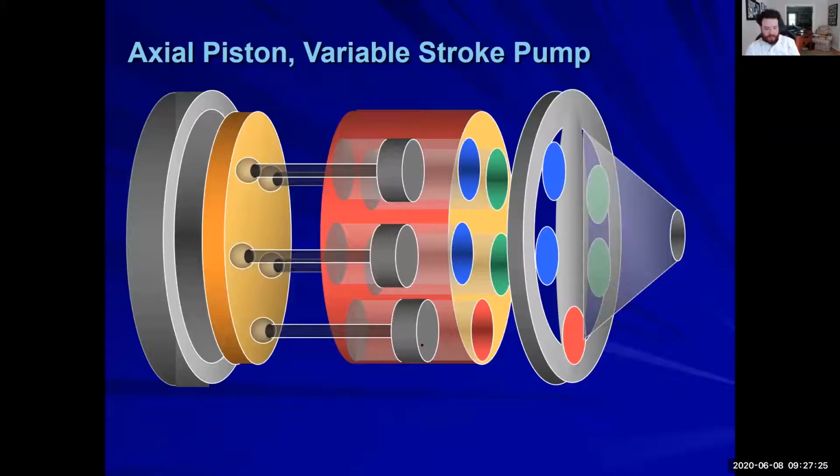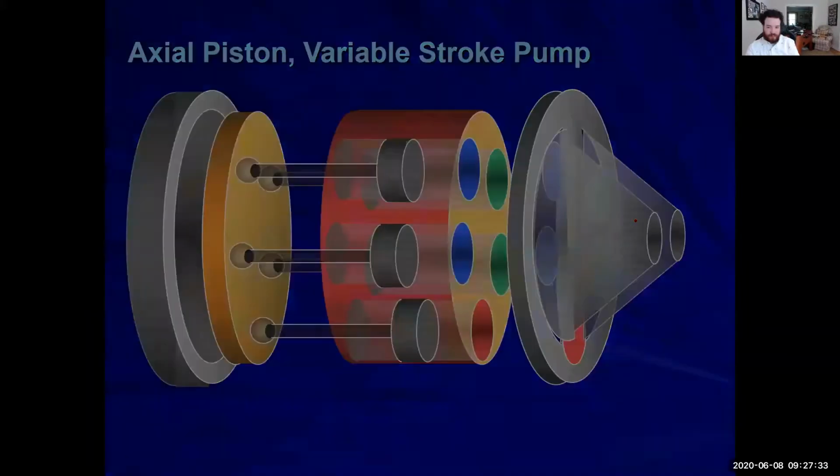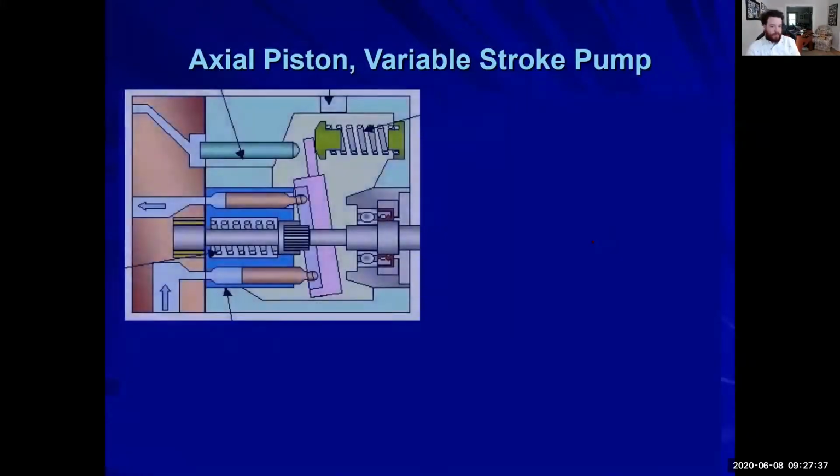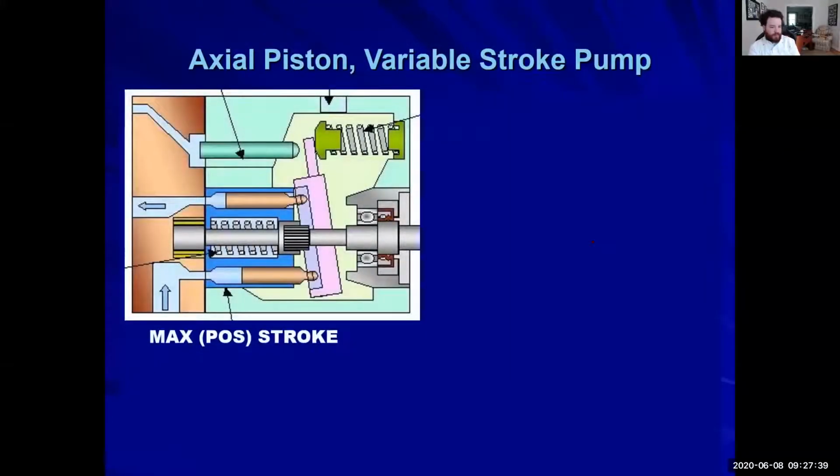So we're going to have all this fluid collected, and it's going to have one outlet and one inlet. What we have here is just basically a small drawing of what it would actually look like in a schematic.